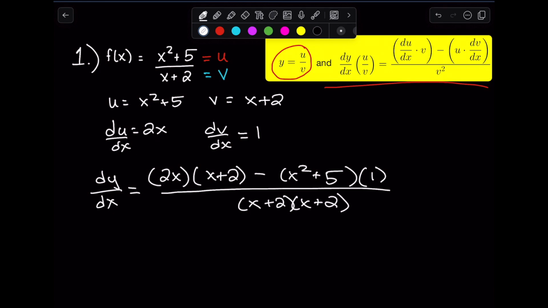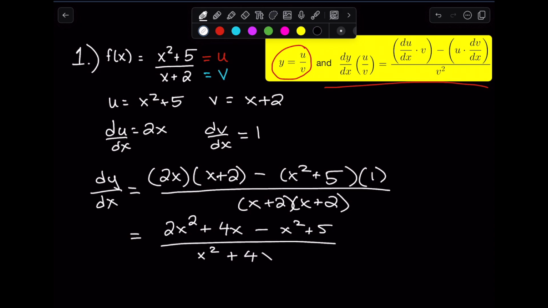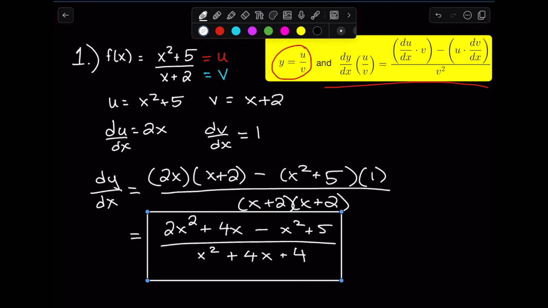So at this point, you just need to be careful with simplifying everything, make sure you don't mess up your distribution. So 2x squared plus 4x minus x squared plus 5 all over x squared plus 4x plus 4. And that is your answer to the derivative of x squared plus 5 divided by x plus 2.